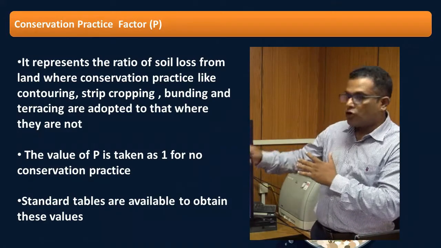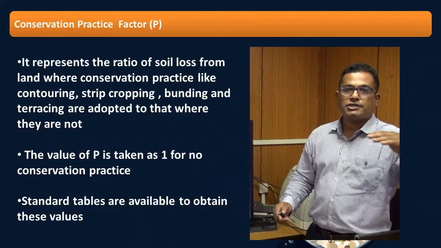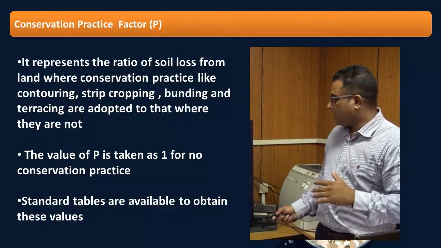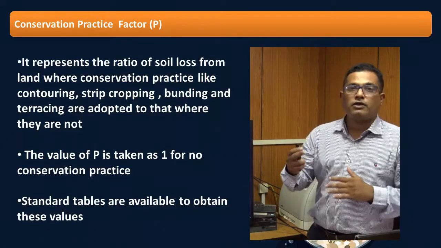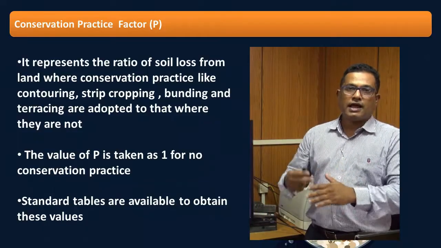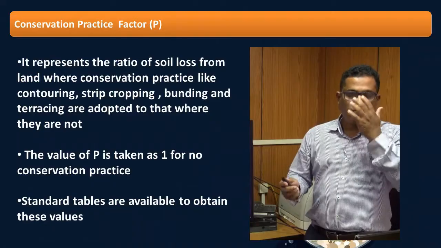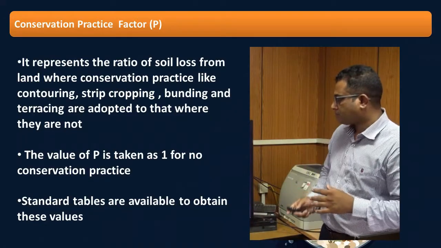If we adopt conservation practices like bunding and terracing, then they will offer resistance to soil loss or water flow, thereby the factor would be something less than 1, depending upon the type of conservation practice and the reinforcement of agronomic measures that one is adopting. And this is again obtained from standard tables.